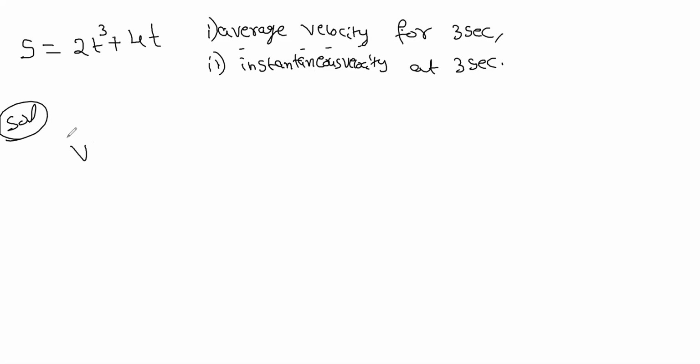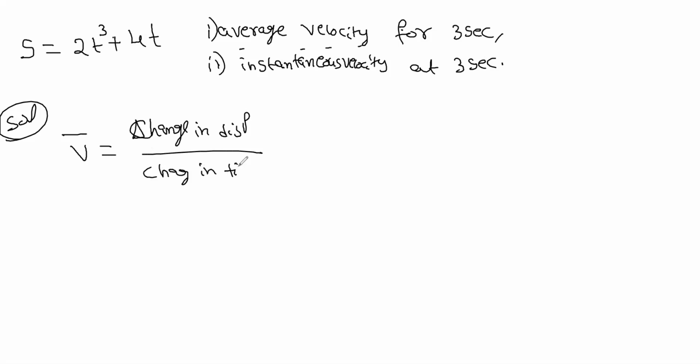So average velocity, right? First we know that velocity is change in displacement by change in time, right? Change in displacement for average, we have to represent it with delta S by delta T. So change in displacement for 3 seconds means you have to take from 0 seconds to 3 seconds.